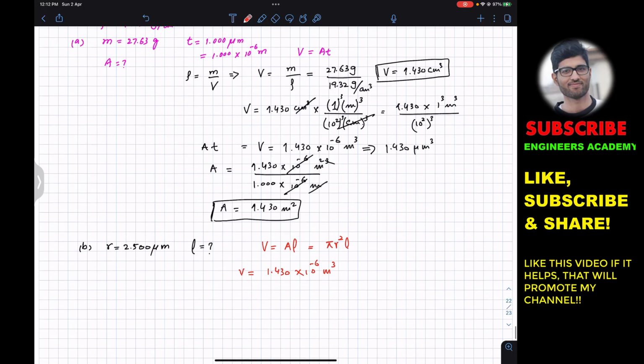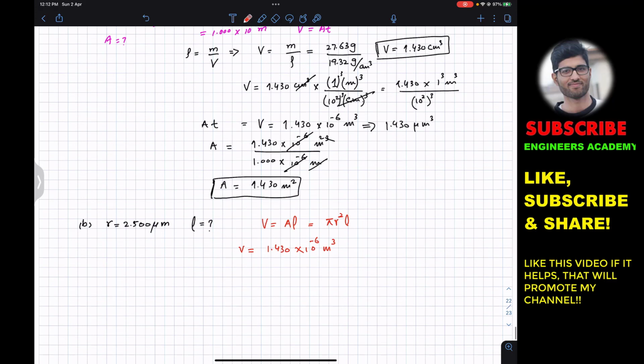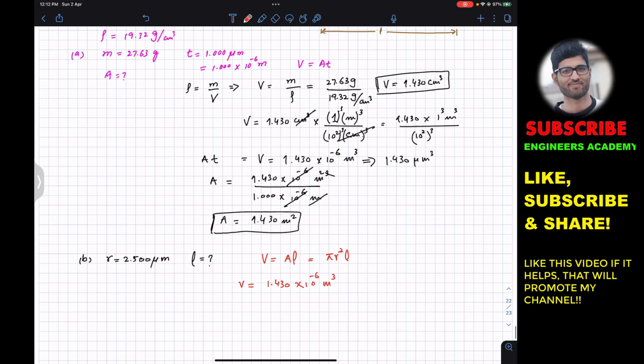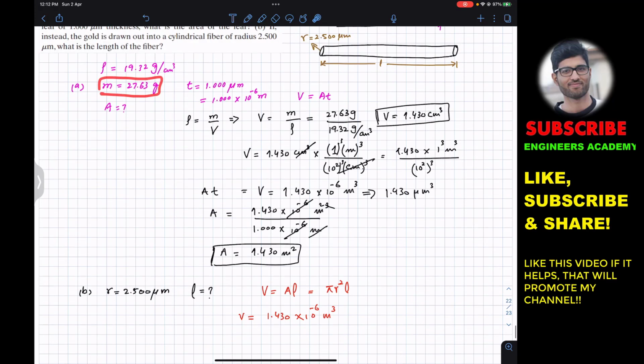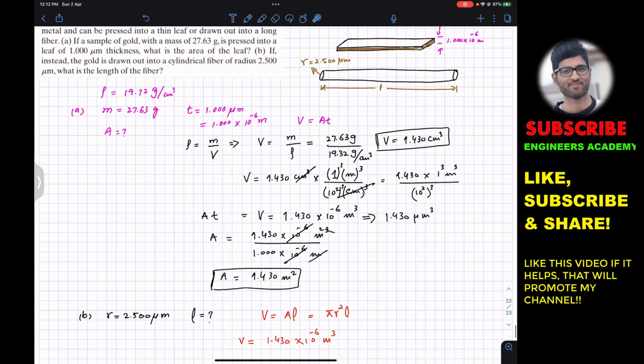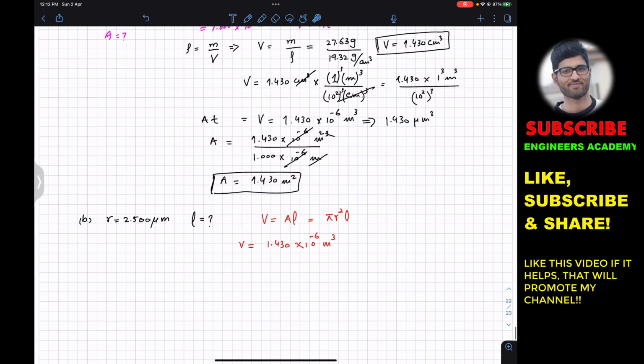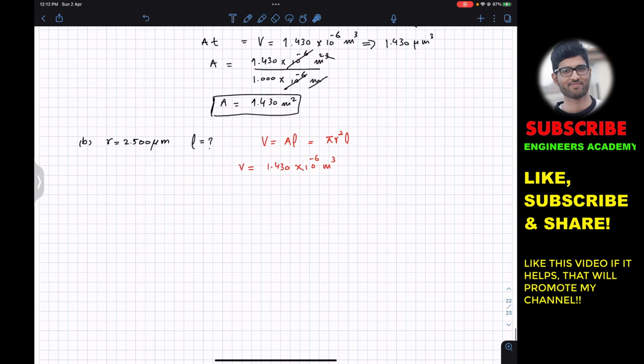Now that same mass and that same volume is now drawn into a thin fiber, right? Since we are using the volume of that particular mass and with that density. So this is constant for both the leaf and for the fiber. So now we know the volume, which is 1.430 into 10 to the power minus 6 meter cube.